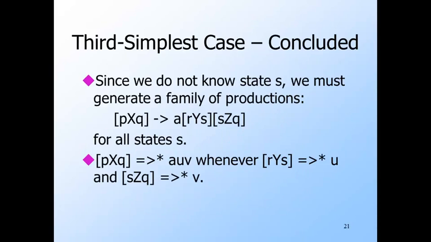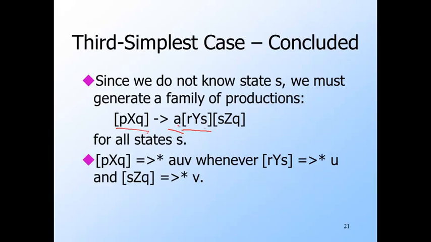So we generate many productions for this case, where on input a, state p becomes r and X gets replaced on the stack by Y and Z. For every state s, there's a production with head [pXq], and then the a that causes the first move. Remember, a could be empty. And then [rYs] to effectively pop the Y, winding up in this state s that we really don't know.